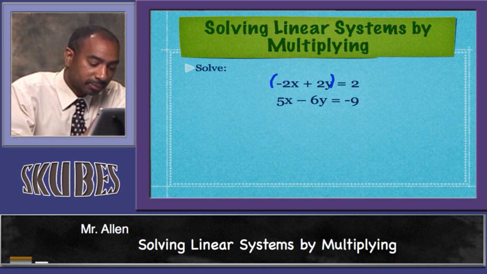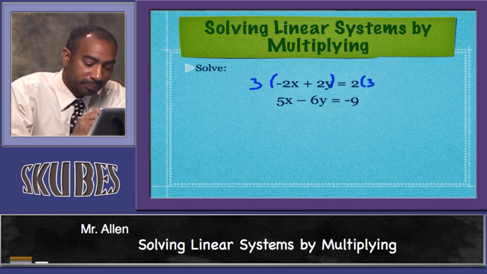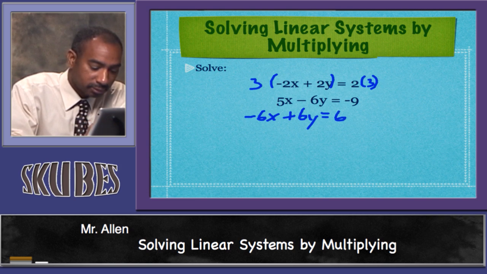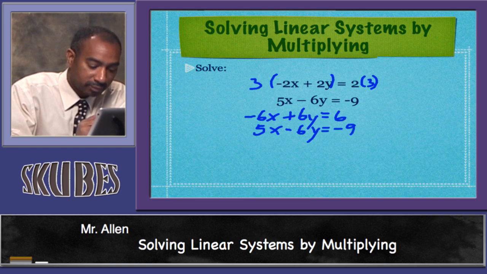So let's try that. If I multiply both sides by 3, this will give me negative 6x plus 6y equals 6. And I'm going to add that to 5x minus 6y equals negative 9.